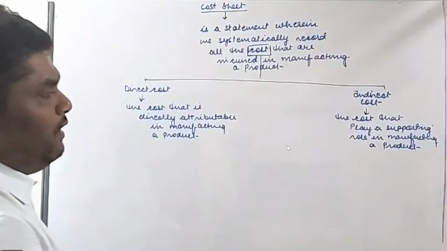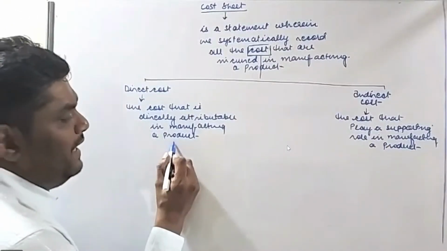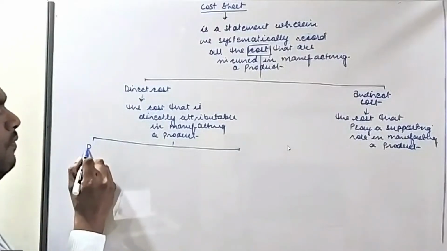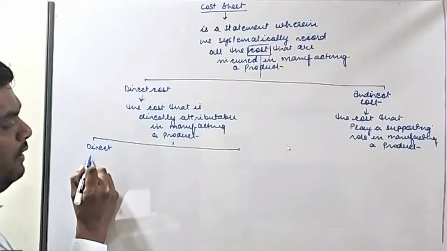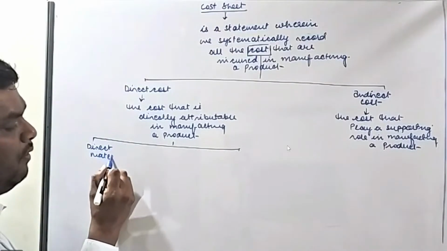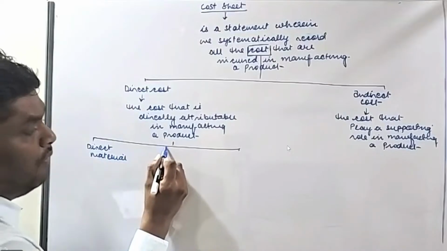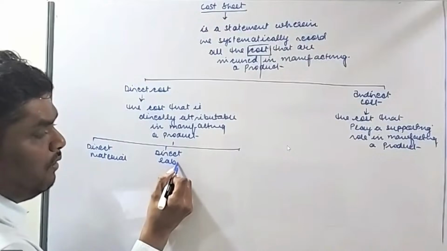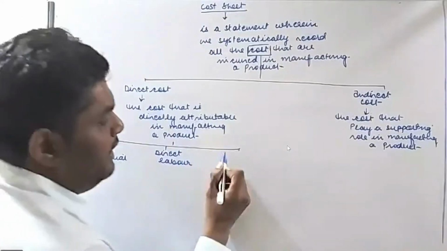Direct cost can be classified in three parts: direct material, direct labor, and direct expenses.